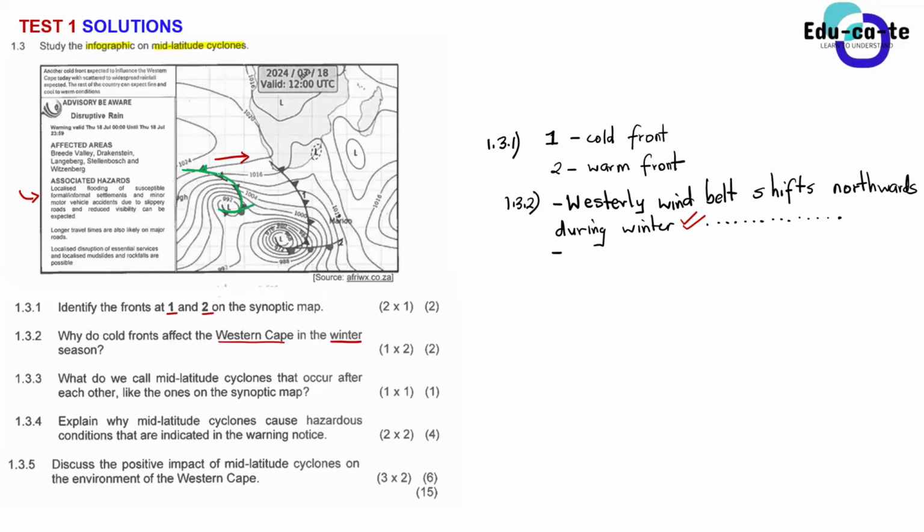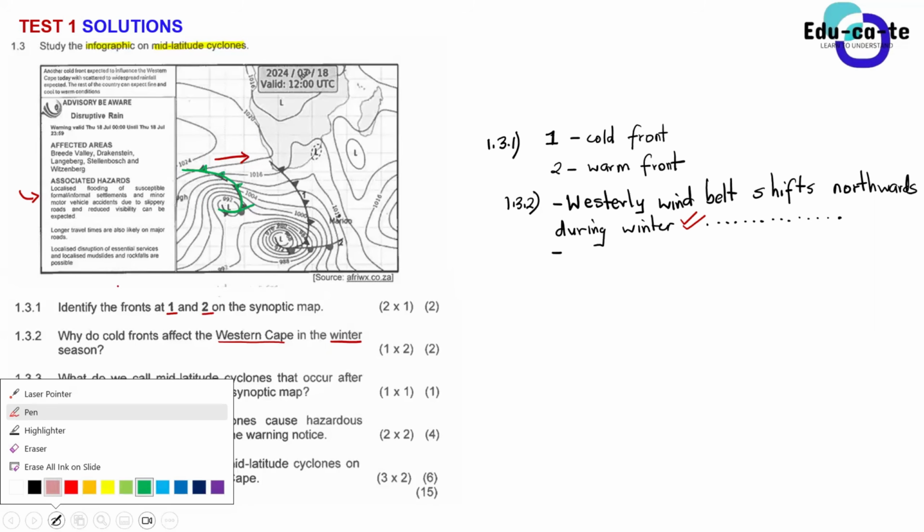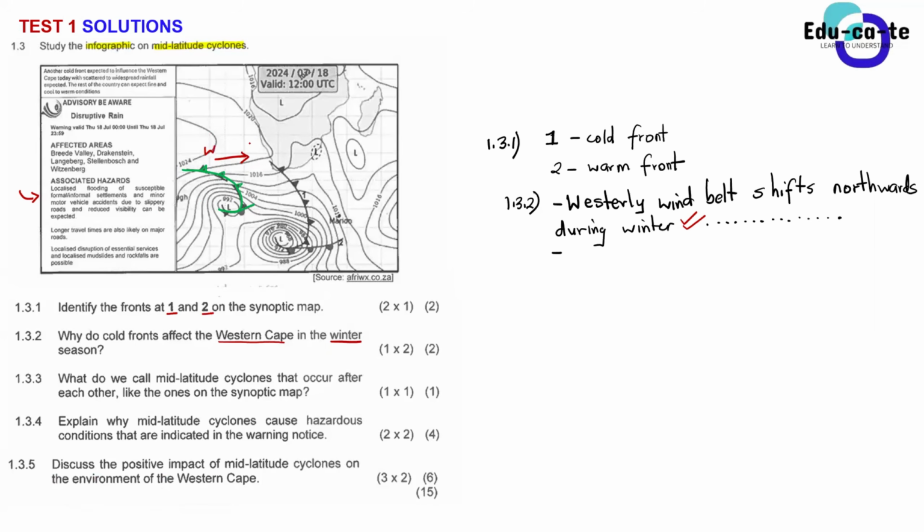The one that I'm highlighting in green is a mid-latitude cyclone, and it is moving from west to east, or eastwards. So definitely it will affect the Western Cape. Imagine it moving and moving and moving. It will definitely move through the Western Cape.